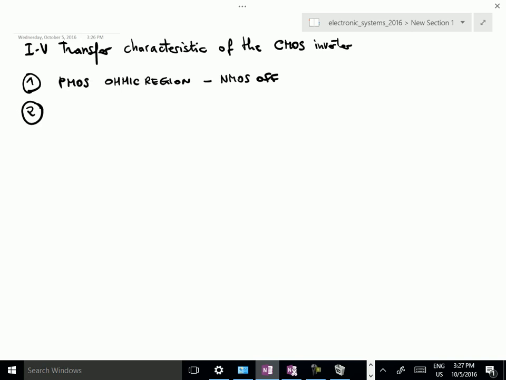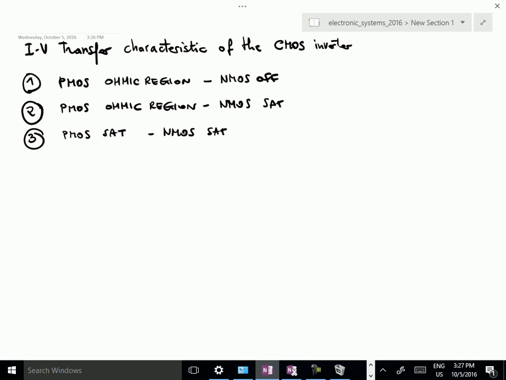Line number 2, the PMOS is still in the ohmic region, and the NMOS is in saturation. Branch 3, the PMOS is in the saturation region, and the NMOS is again in saturation.